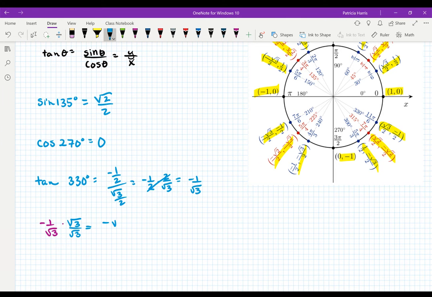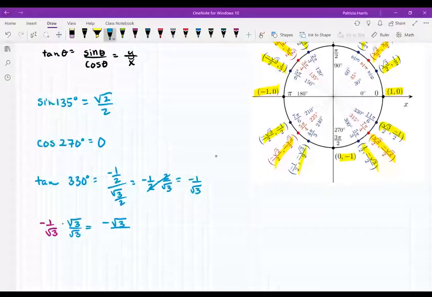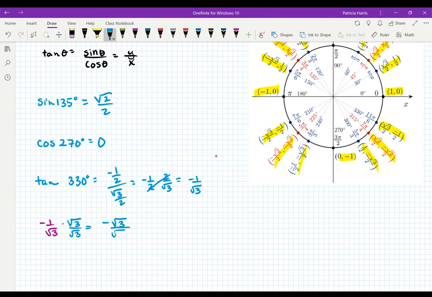So our final answer would be negative radical 3 over the square root of 9. Simplify that a little bit more, and you get negative the square root of 3 over 3. Okay, let me fix that a bit.